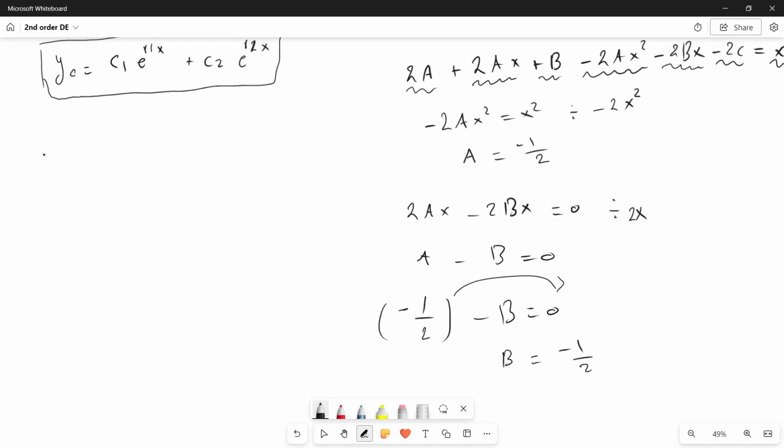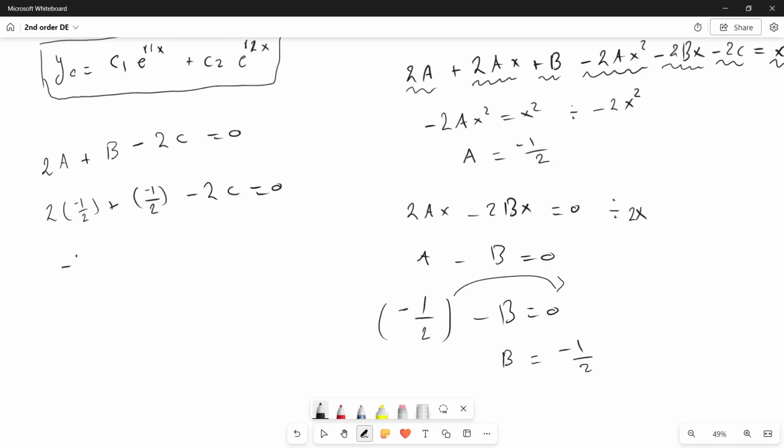To find the value of c, we have 2a plus b minus 2c is equal to 0. So we have 2 multiplied by negative half plus negative half minus 2c is equal to 0.